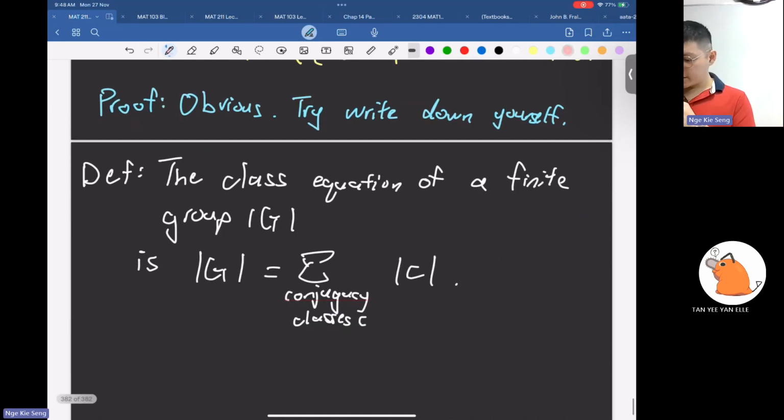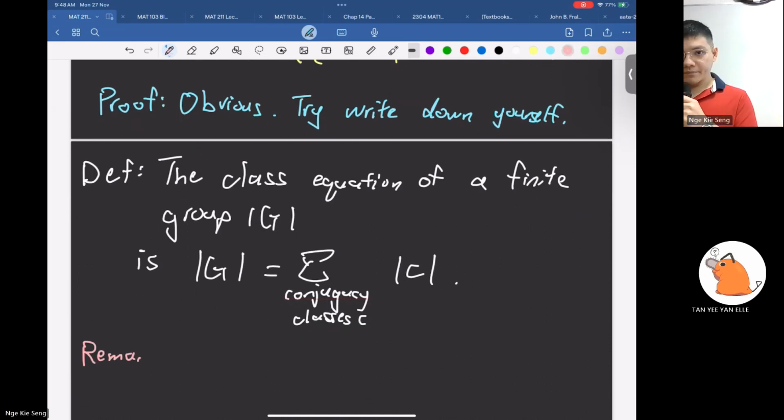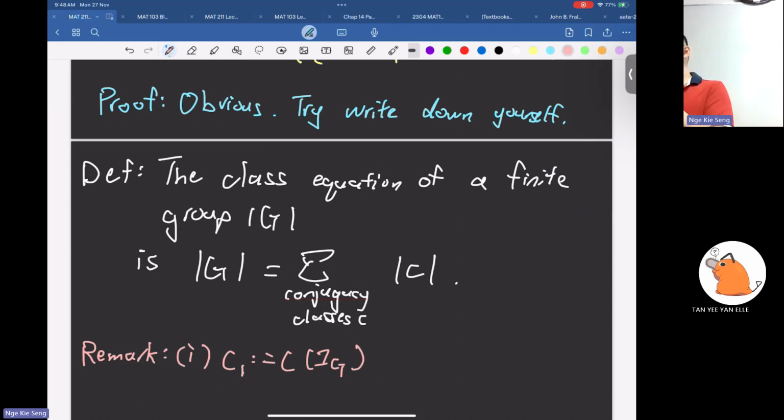So there's some remark here. Let's look at C1. What's the conjugacy class of the identity element?